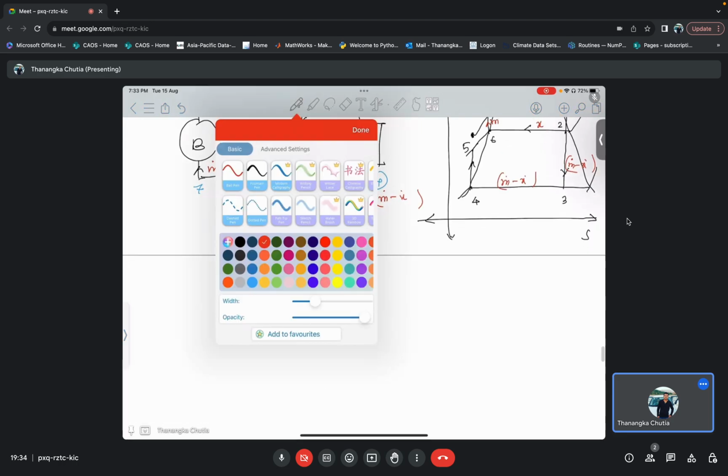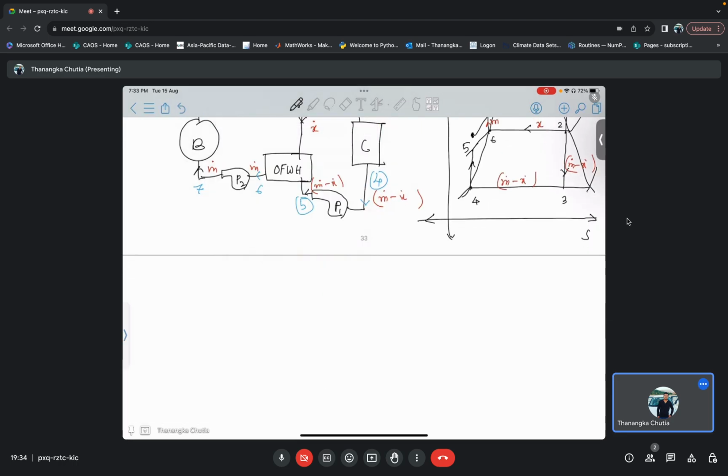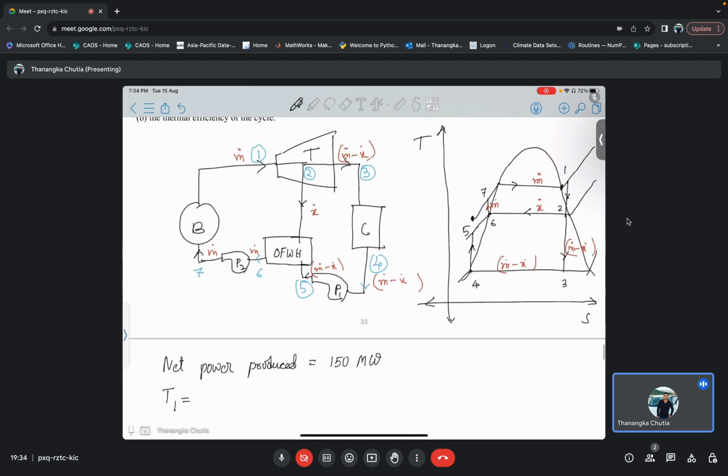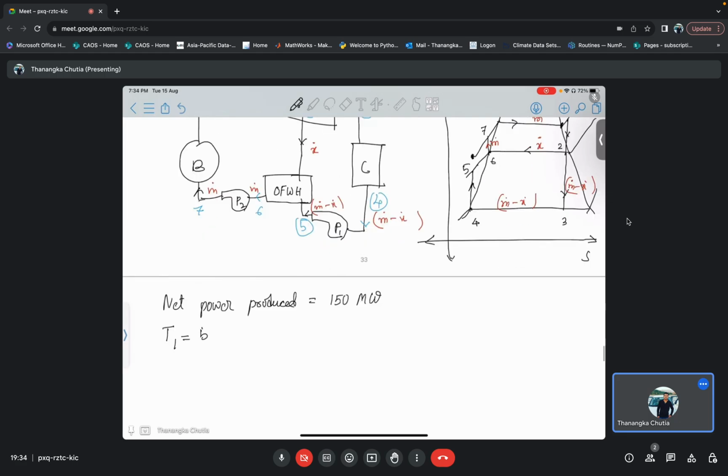Okay, so then what is given to us: net power produced is equal to 150 megawatt. Okay, and then T1, that is at the point 1, that is the inlet to the turbine, is given to us as 500 degrees Celsius.